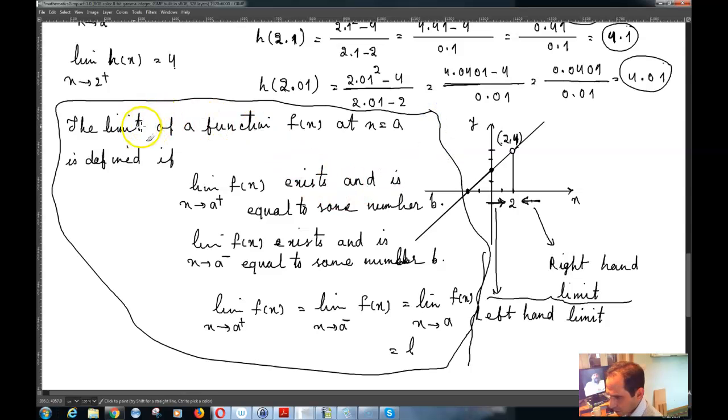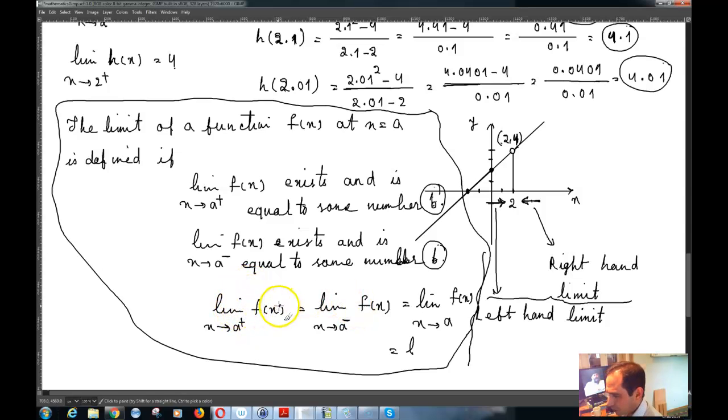So you can say that the limit of a function f of x at x is equal to a is defined if the right hand limit exists and is equal to some number b, if the left hand limit exists and is equal to some number b, and those two limits are equal to one unique number, meaning that the two limits are actually equal.